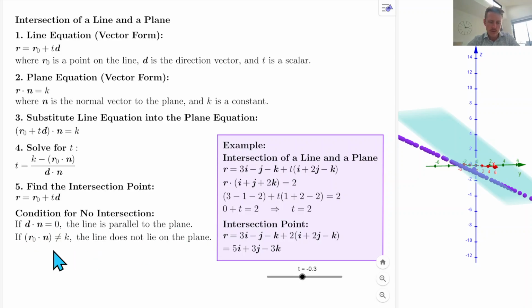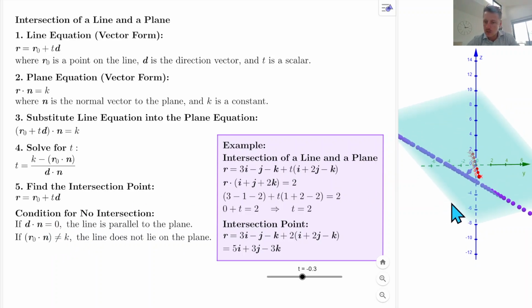Sorry, yeah, that's right. Because d is the direction vector of the line and n is the normal to the plane. If the dot product between them is 0, then they must be parallel, and so there'd be no intersection. In any case, let's look at this example here.